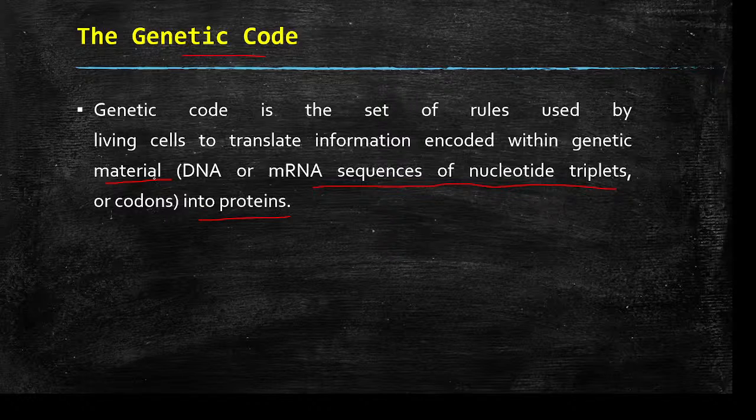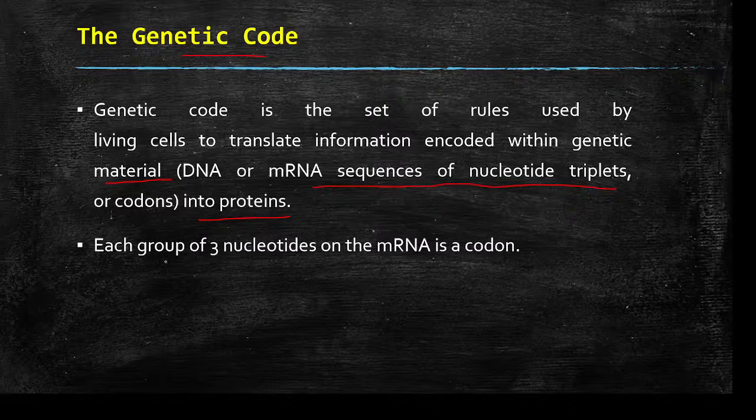So it carries the information. The genetic code precisely carries the information about what amino acid has to be added at a particular point of protein synthesis. The sequence of amino acids present in a particular protein is decided by the sequence of genetic code that is received during translation.